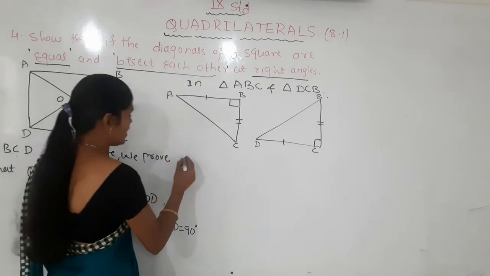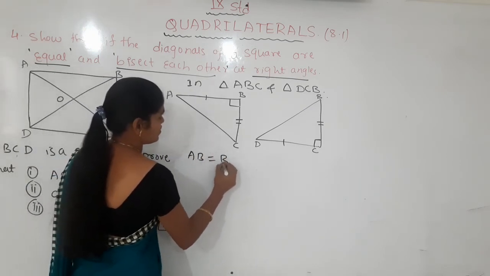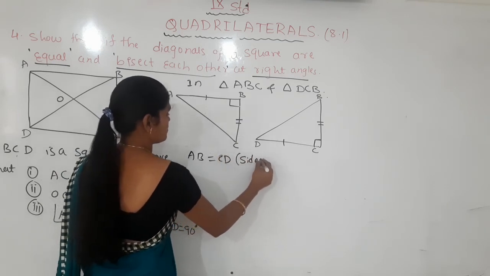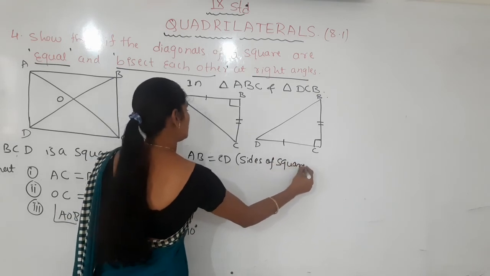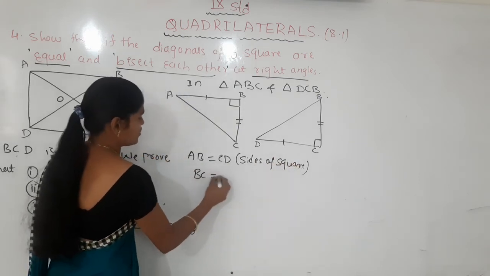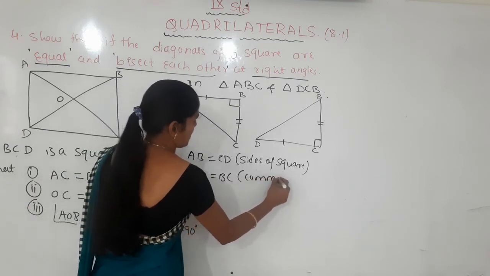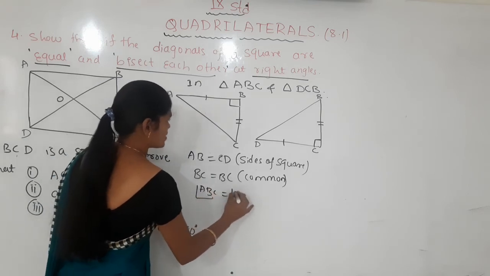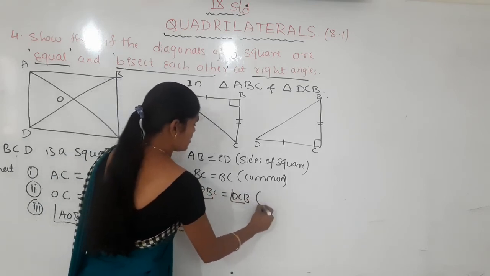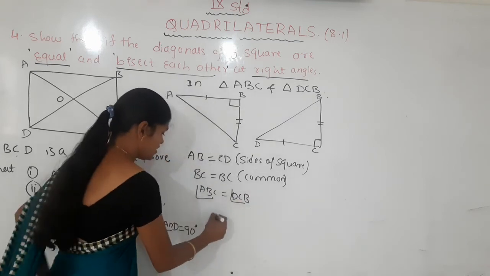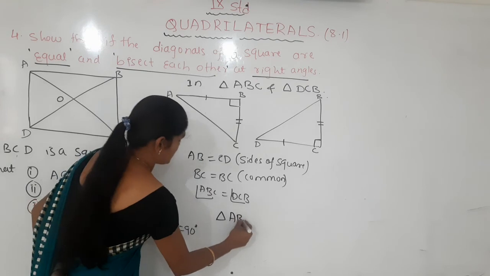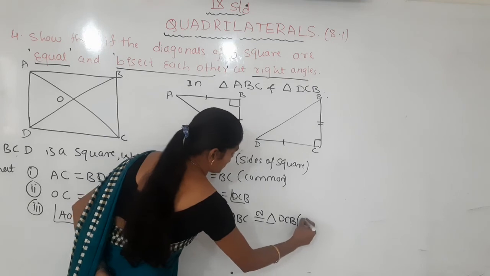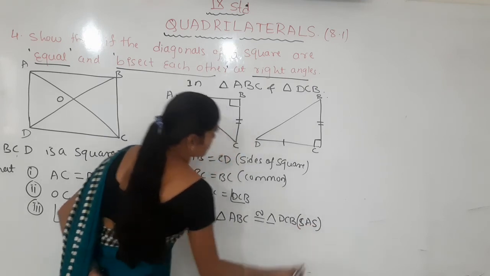Taking these two triangles, AB is equal to DC, sides of a square are equal in length, and BC is equal to BC, common, and angle ABC is the same as angle DCB, angles of the square. Then triangle ABC is congruent to triangle DCB by the side angle side congruence condition.